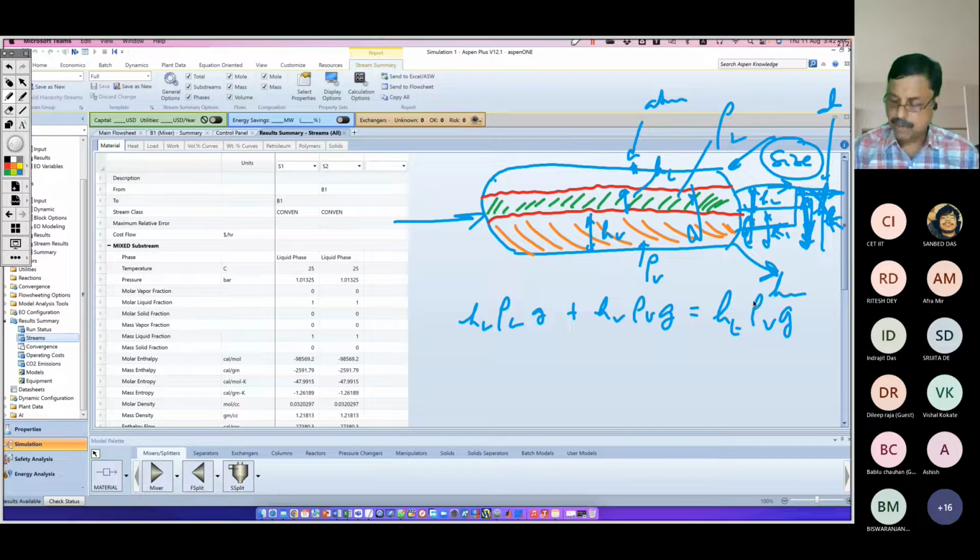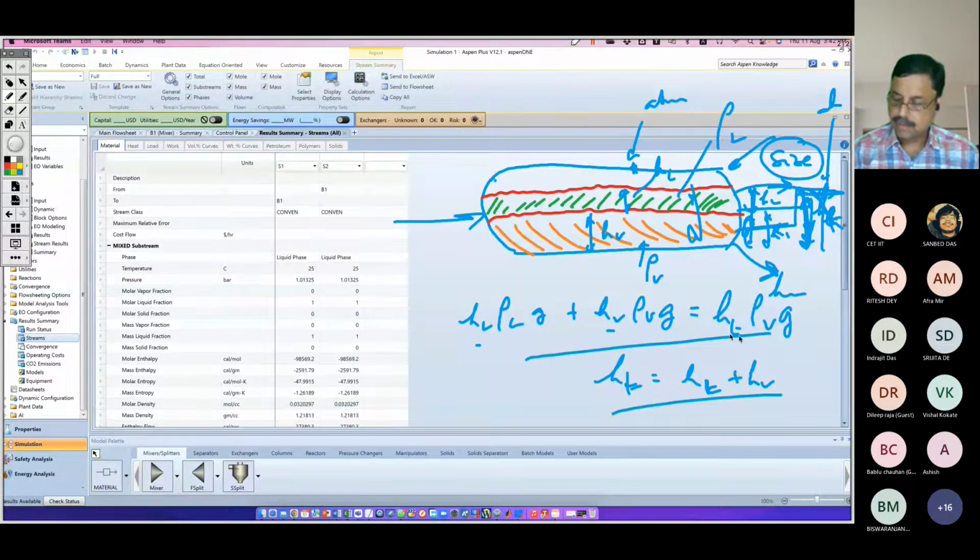You can always look at it in this manner. HT is equal to HL plus HV. From these two equations, you can get the value of HL in terms of the others. So this is the fluid static calculation that you can do.